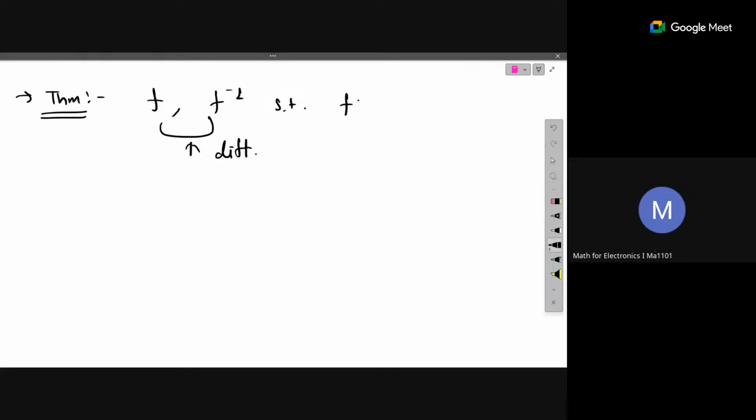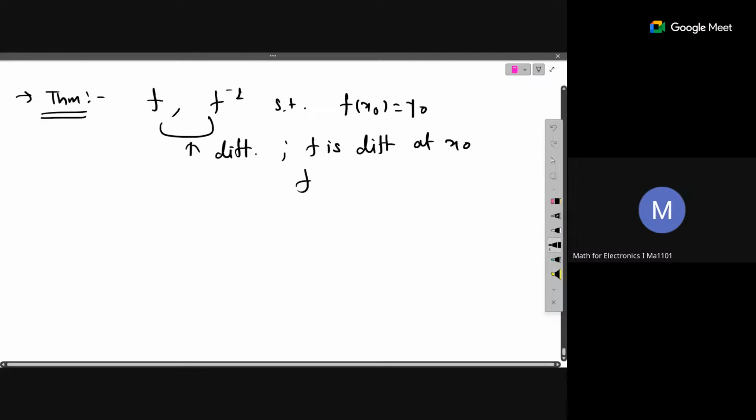That means if I am considering f of x naught is equal to y naught, I'm saying that f is differentiable at x naught, and f inverse is differentiable at y naught.